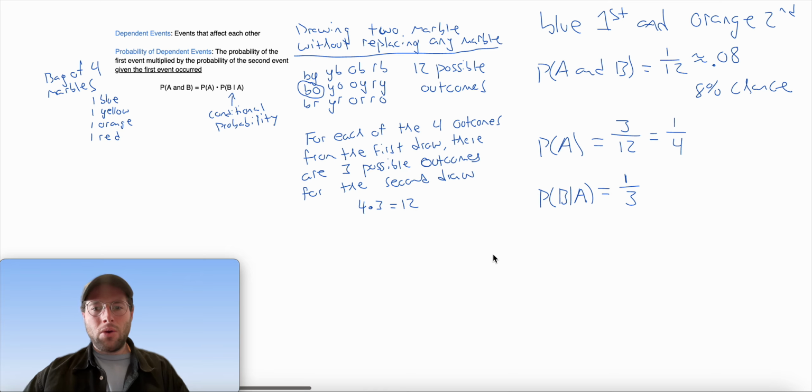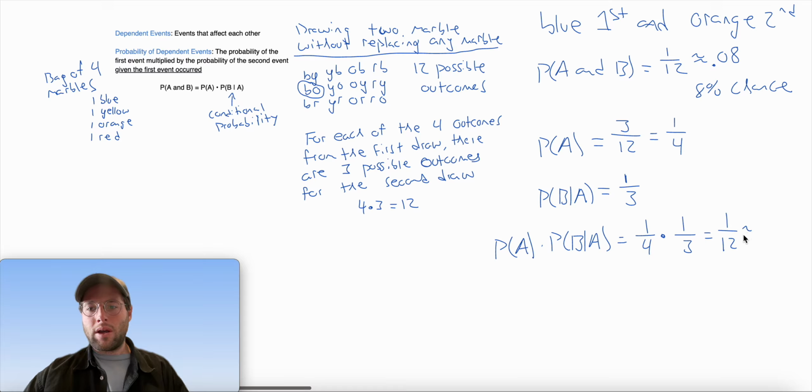All right, so let's go ahead and multiply these together. So P of A times P of B given A equals 1/4 times 1/3, which equals 1/12, which is what we got above. And so therefore they match, and we know that these events are dependent events.